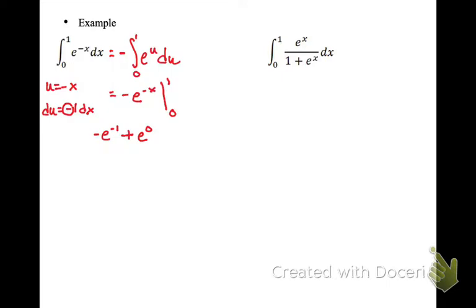Okay. So this would be negative 1 over e, wouldn't it? Yeah. And what is anything to the 0? 1. Or e over e. So the area is e minus 1 over e.